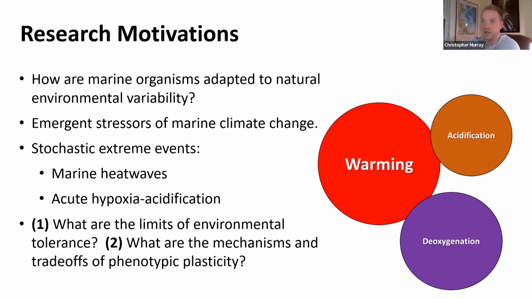Good examples of this are marine heat waves, which folks in the Pacific Northwest have become quite acquainted with, but also more marine-specific scenarios like acute hypoxia and acidification that occur over hours to days. So my work, while I was a postdoc at UW and now, primarily focuses on what the limits of environmental tolerance are during these acute extreme events, and what might be the mechanisms of phenotypic plasticity that allow organisms to withstand these emerging threats.